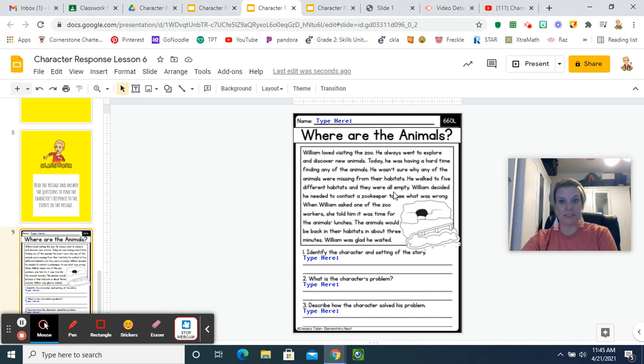We've learned about animals this year, so we just tied everything into domain. So today you are going to identify the character's setting, look for the character's problem or challenge, and then describe how the character solved the problem by looking at what they did, what they thought, what they felt, or what they said.